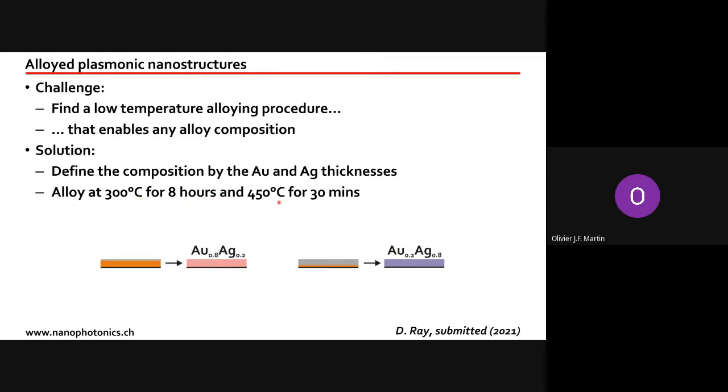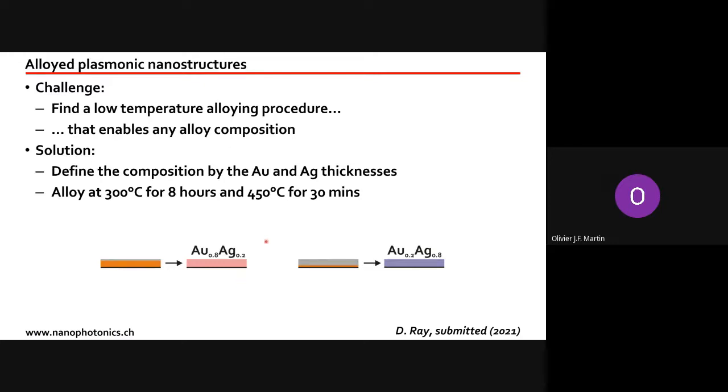And actually, after trial and error, she discovered that it's also good in the end to have a little booster of half an hour at a higher temperature, 450 degrees. What's interesting in this approach is that you start by depositing 2 metals. For example, you deposit 80 nanometers of gold, and then you deposit 20 nanometers of silver on top.